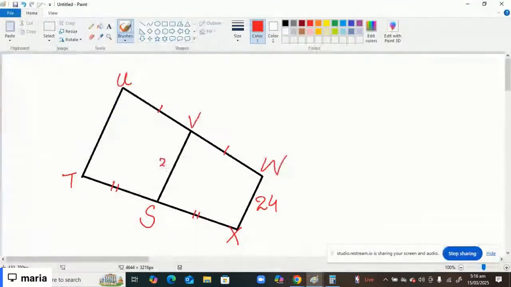As we can see, SV is the half sum of UT and WX. So what is the equation? SV equals UT plus WX over two, the half sum.